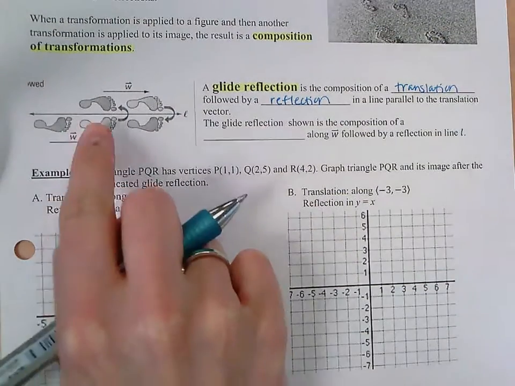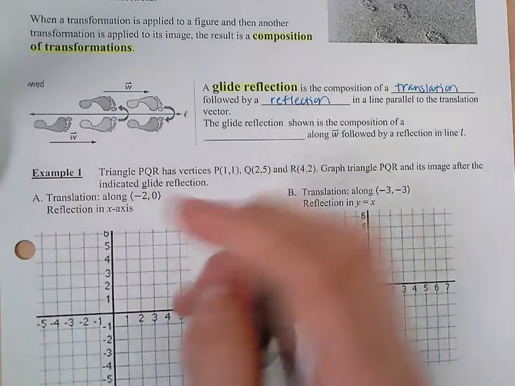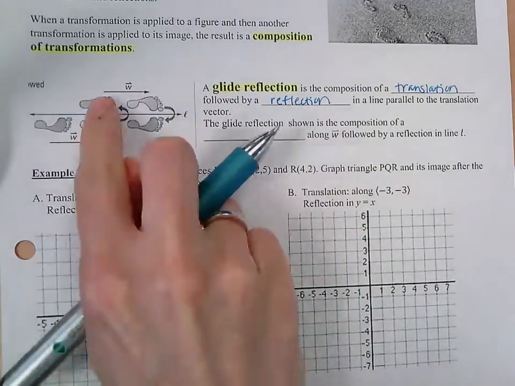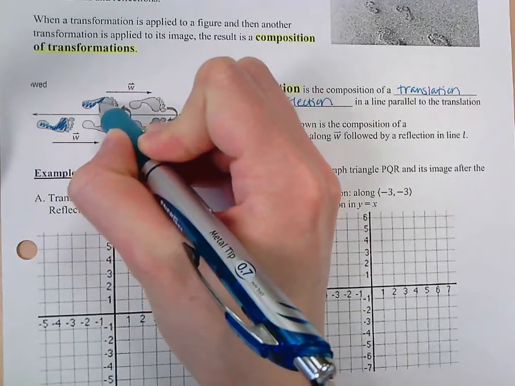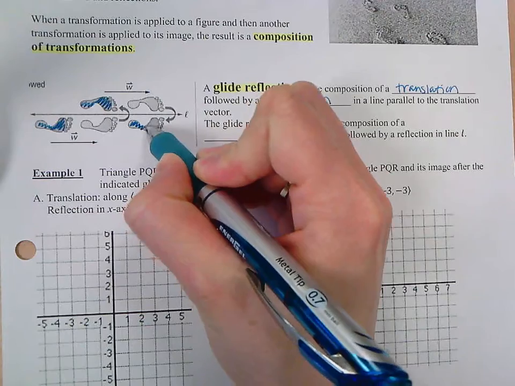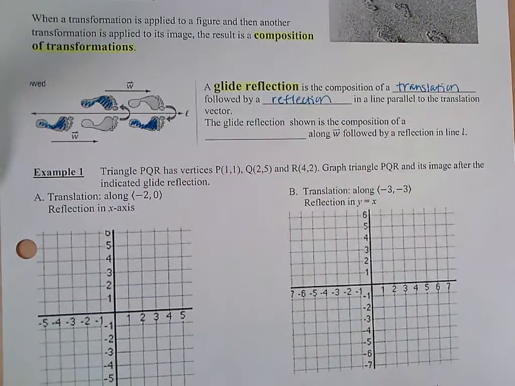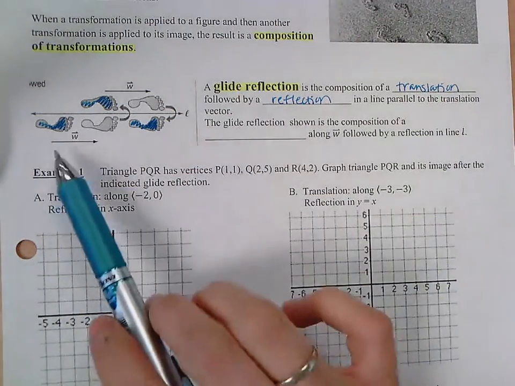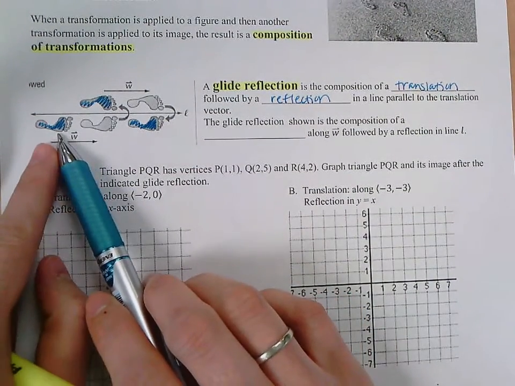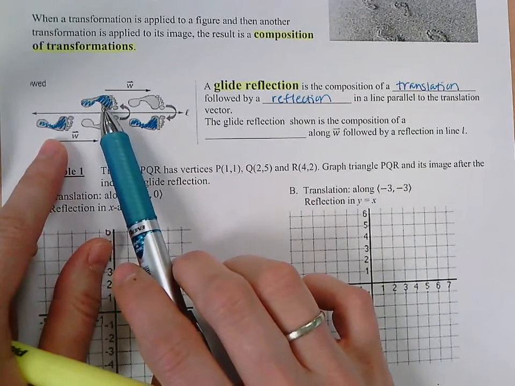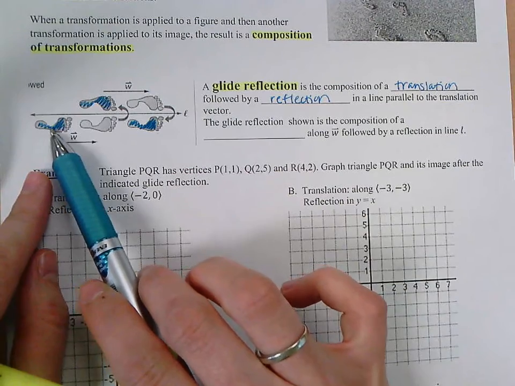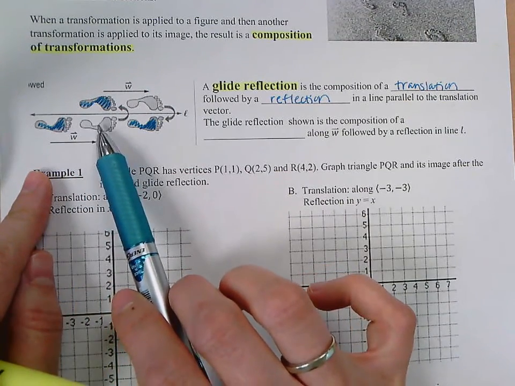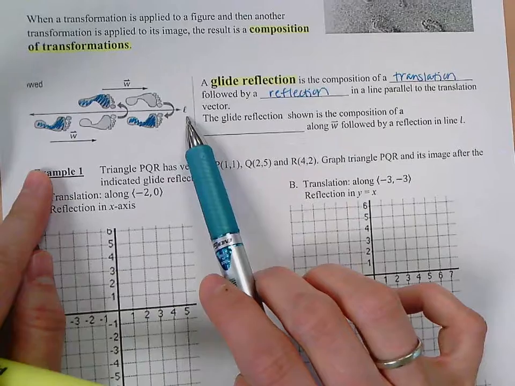So if you look off to the side here, I'm going to color these, and they are a little darker because on the actual diagram they were different colors. If you're thinking of the actual footprints that are left, those are the actual footprints. But the idea here is that, say from this footprint to this one over here, I could get to that footprint by translating this footprint up and then reflecting it over that line.